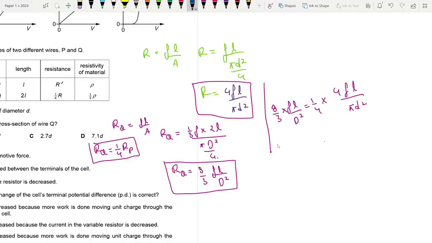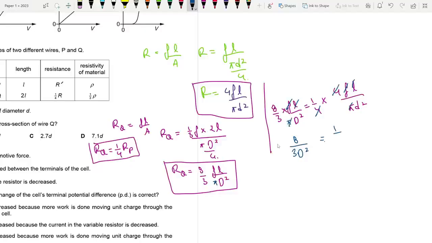Now let's do this. We can get rid of these 4's. We can get rid of the rho and L. So we actually get 8 by 3 D square is equal to 1 by, oh, where did my pi go? Here, the pi should be here. We can also get rid of this pi over here on both sides.